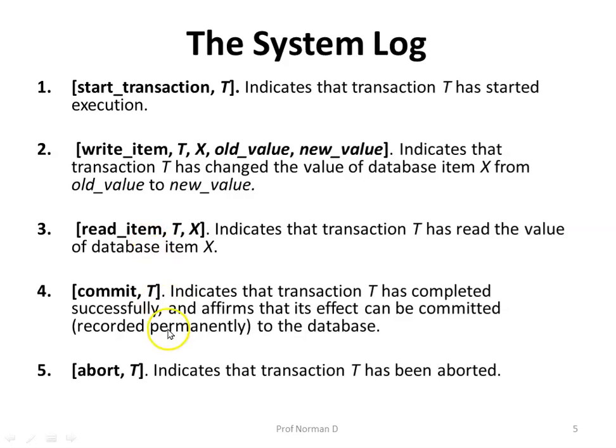The following are the types of entries, which are called log records, that are written to the log file, and the corresponding action of each log record. Now in all these entries, the letter T refers to a unique transaction ID that is generated automatically by the system for each transaction and that is used to identify each transaction.